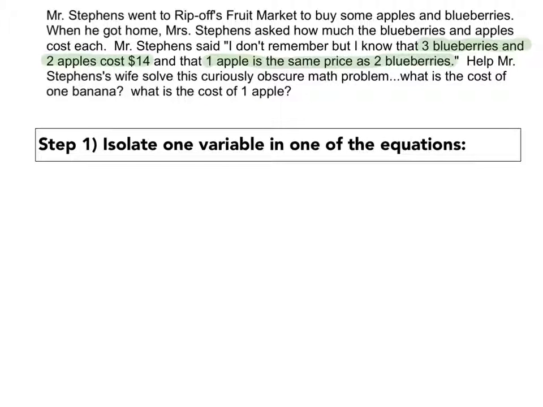So, if we were to write that mathematically, 3 blueberries, or 3b, where b is the price of blueberries, plus 2a, where a is the price of apples, will equal $14. And our other equation is 1a, or a, is equal to 2b.